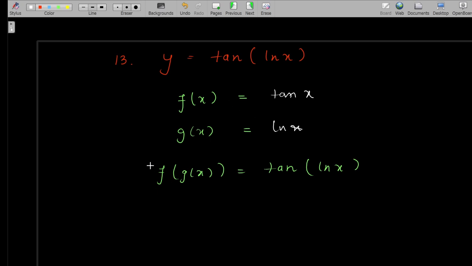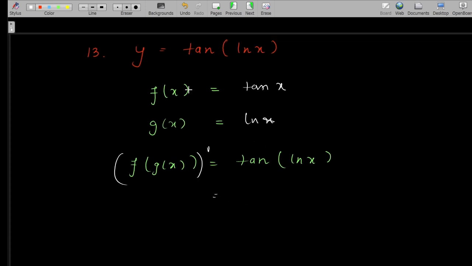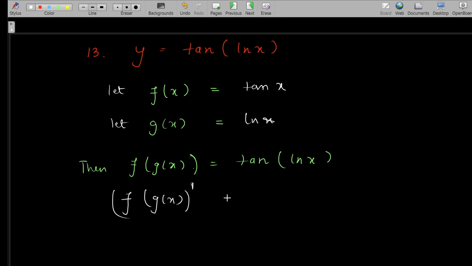So now how will you find the derivative of this? First, you find the derivative of the outer function. So you will write your steps like this. You will say let f of x is tan x, let g of x is ln x, then f of g x becomes this, and then the derivative of f of g of x.